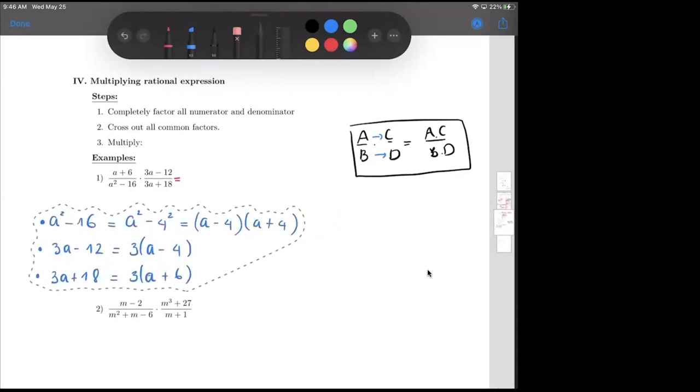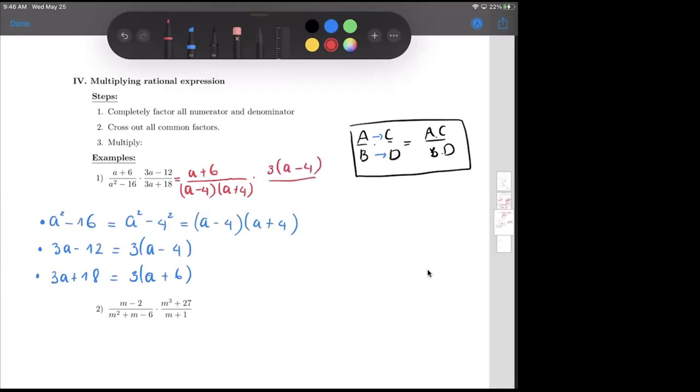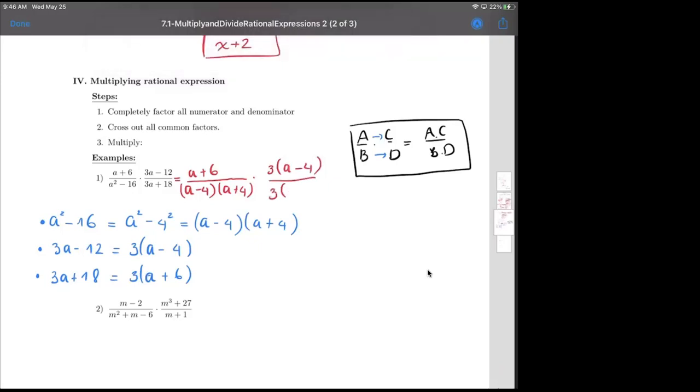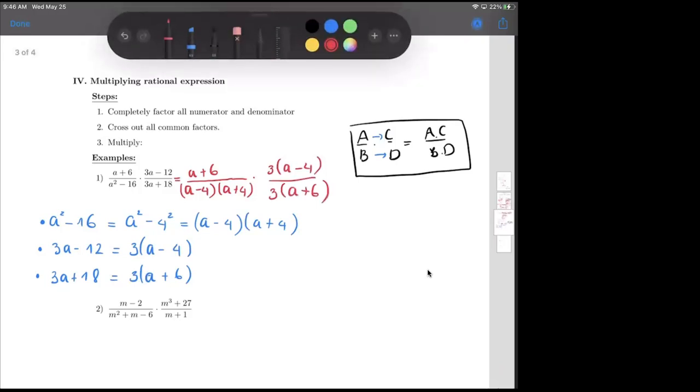So A plus 6 stays the same, over A minus 4 times A plus 4, times 3 times quantity A minus 4 over 3 times quantity A plus 6. And now, of course, your favorite part, right?